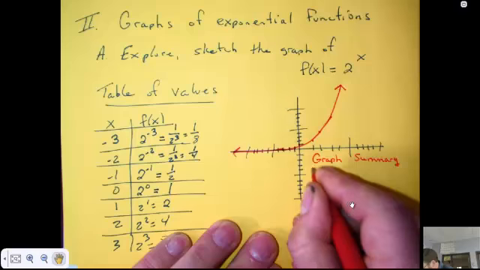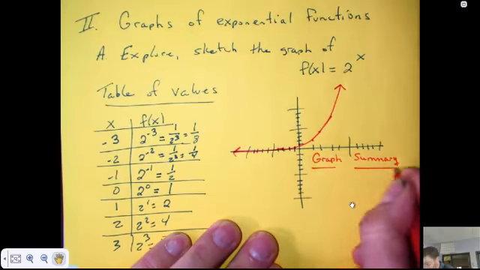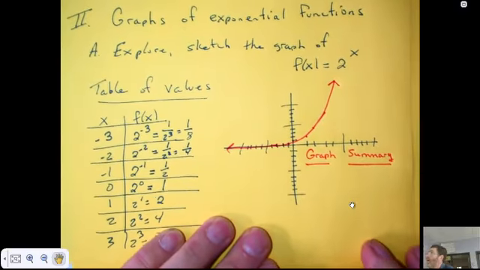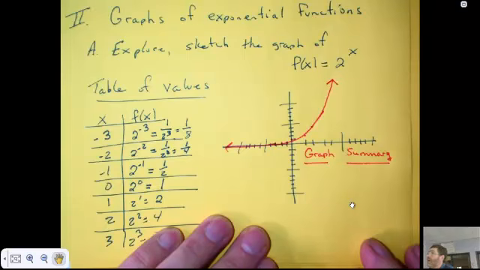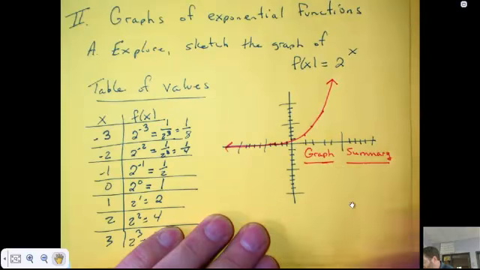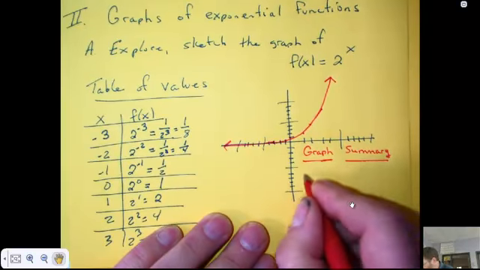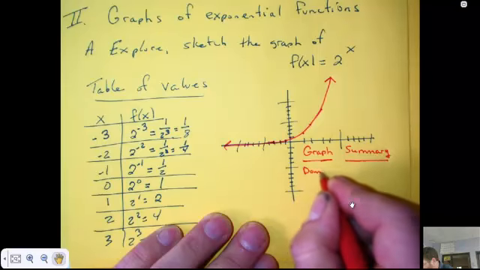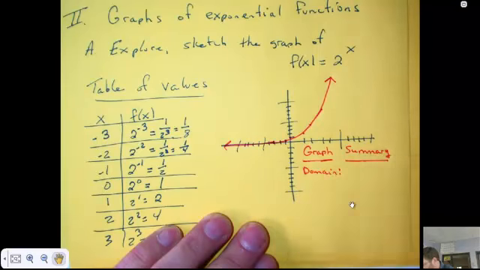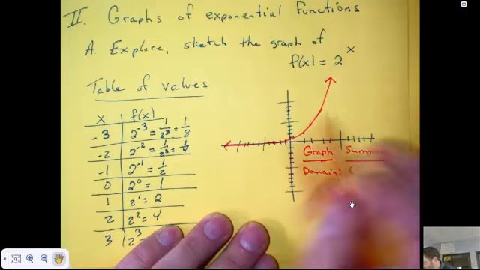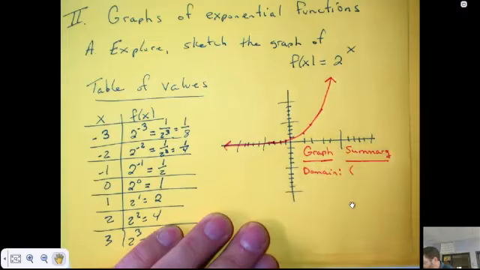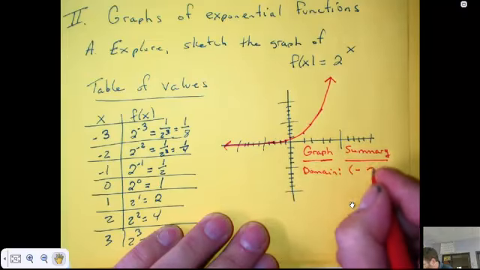What interesting features does this graph have? There's a horizontal asymptote. In fact, let's start with the domain and do some of our standard stuff. What's the domain of this graph? The graph extends and covers all the x values, so there are no x values without a point.